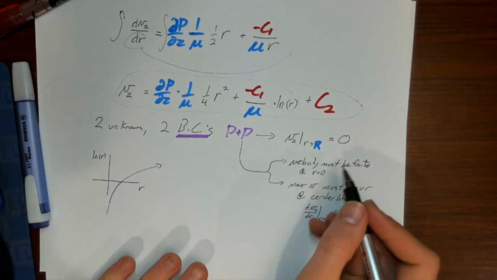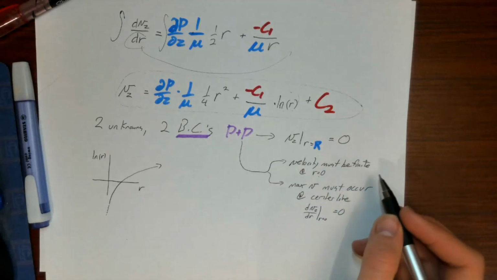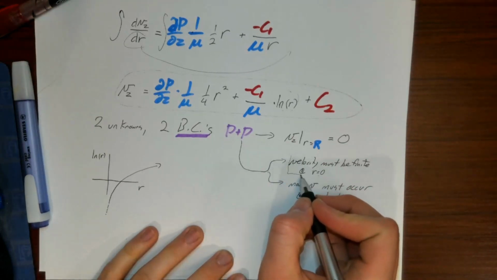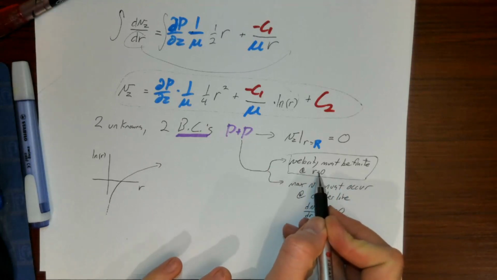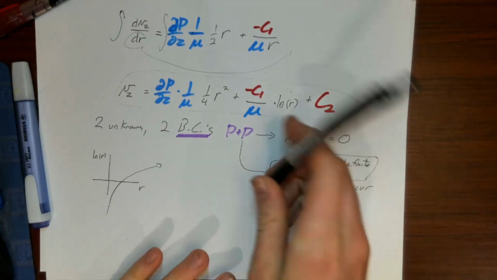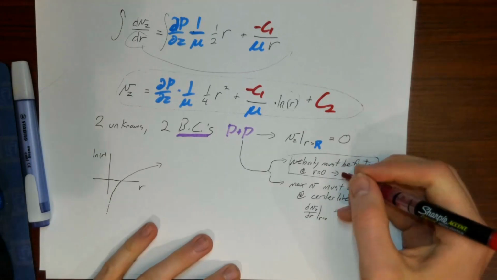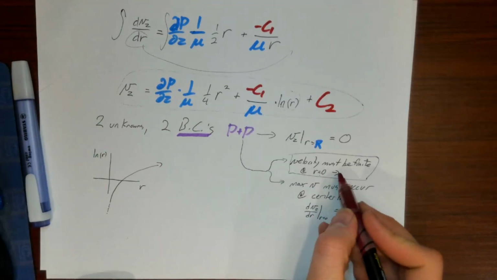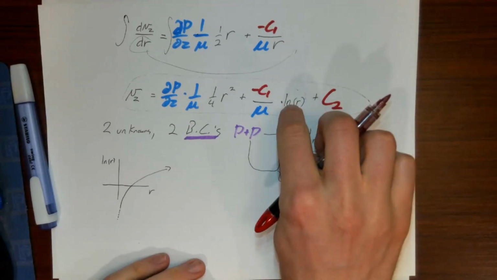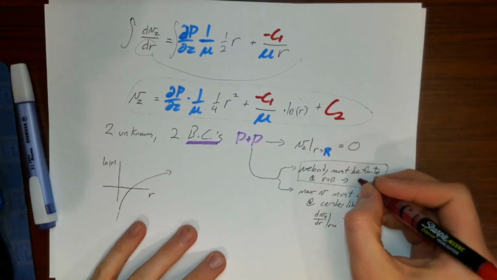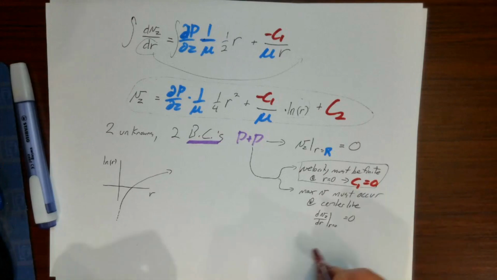So what does this mean? Well, let's just proceed with this relationship right here. If velocity is finite at r equals 0, then the only way that we could get a finite velocity at r equals 0 is if c1 is 0, killing this entire natural log of r term. So this basically means that c1 is equal to 0.